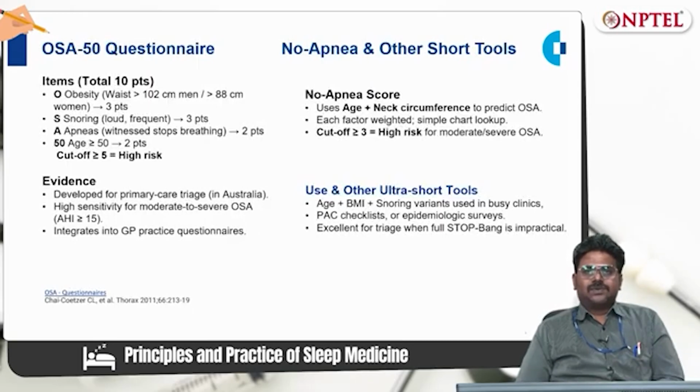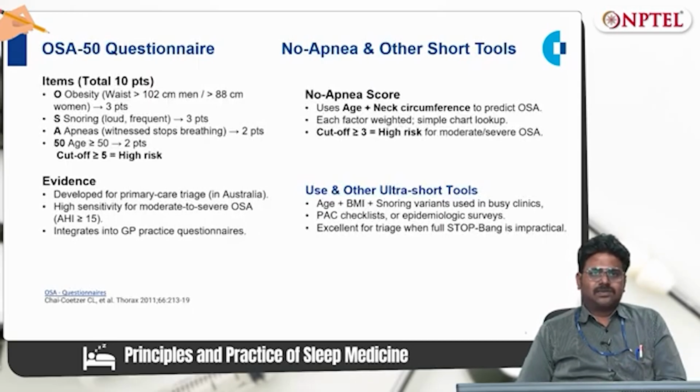Next is the OSA50 questionnaire and NoSAS and other short tools. The OSA50 questionnaire consists of items. O stands for obesity, waist more than 102 centimeters in men and more than 88 centimeters in women, and carries 3 points. S stands for snoring; if a patient has loud frequent snoring, it carries 3 points. A stands for apnea, meaning witnessed stops in breathing, and carries 2 points.